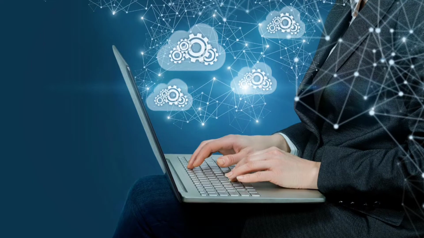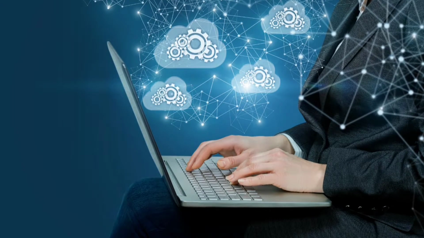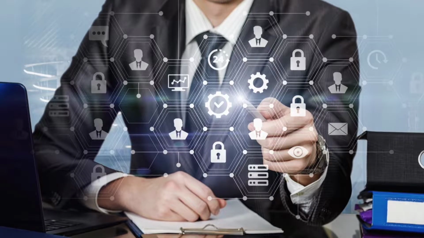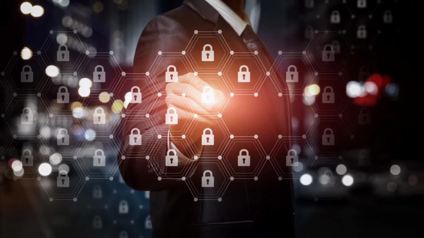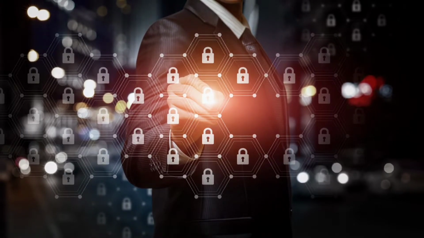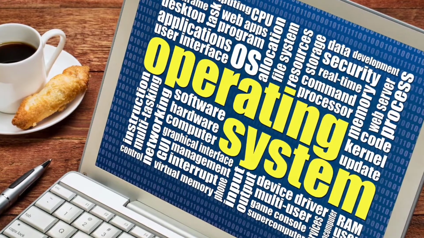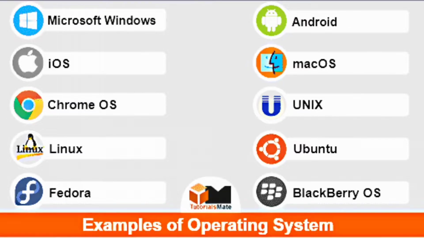Well, the system software are programs that are written mainly for the computer by the manufacturers and the programmers of the computer. Now, these programs control the entire computer. They are also called the operating system. Without this operating system, the computer will not be able to run effectively.